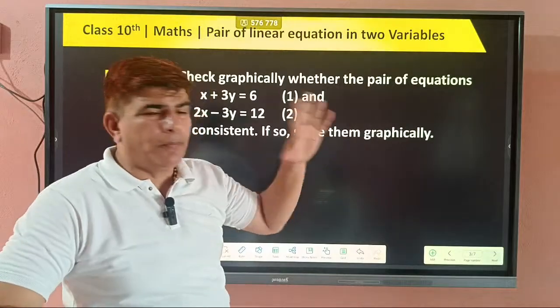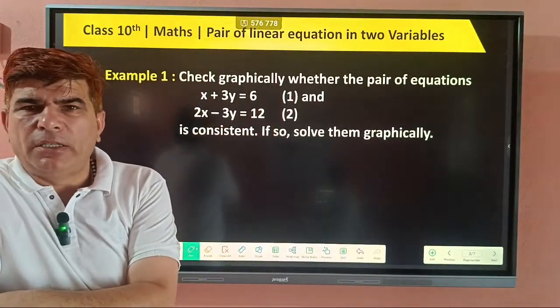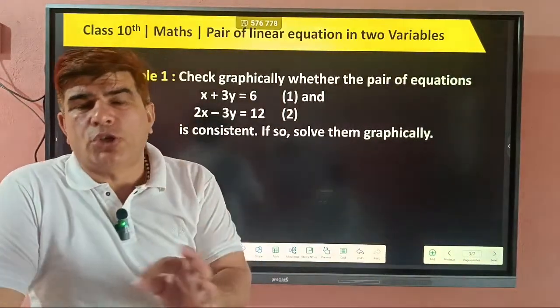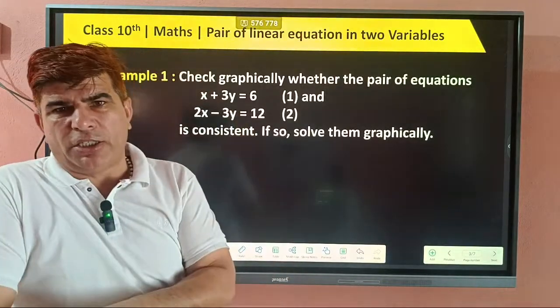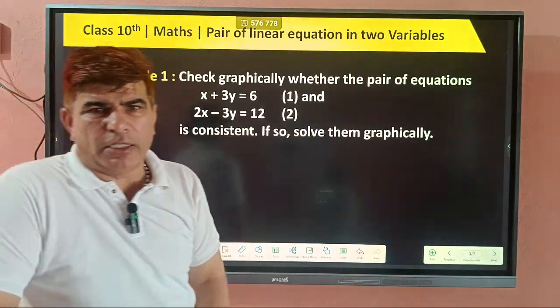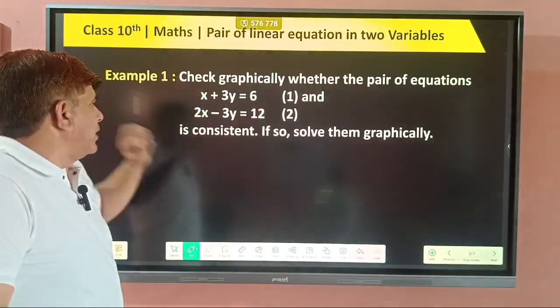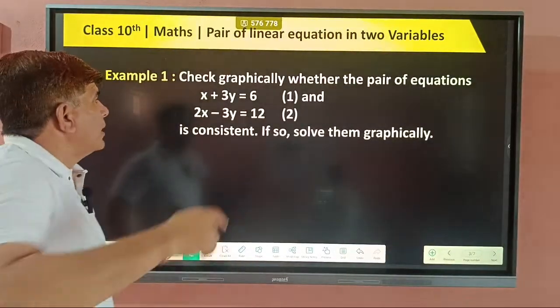If so, solve them graphically. Consistent means a solution exists, either one solution or infinitely many solutions. Inconsistent means no solution. Till now we checked without a graph, but here you have to tell graphically.